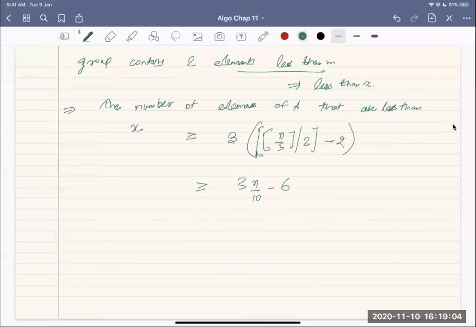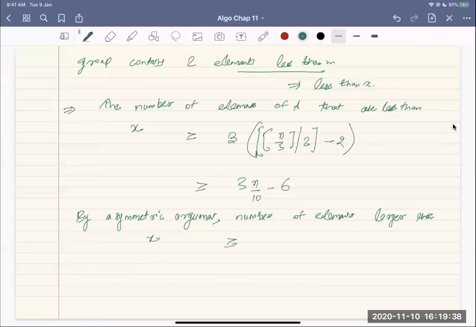So there are at least 3n by 10 minus 6 elements that are greater than x. Okay, and now I can make a symmetric argument for elements that are less than or equal to x. So by a symmetric argument, the number of elements that are larger than x are also greater than or equal to 3n by 10 minus 6.